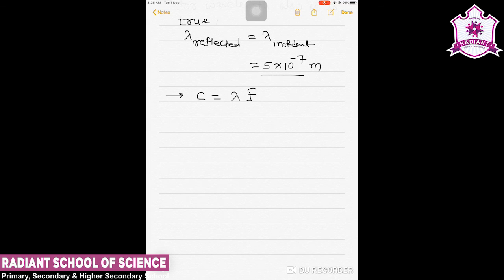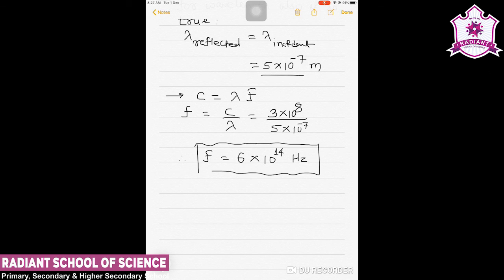Here f belongs to frequency, so the frequency of the light will be C over lambda, that is 3 into 10 raised to 8 over 5 into 10 raised to minus 7, and if we simplify it, we get f is equal to 6 into 10 raised to 14 hertz. So that will be the frequency of the light.